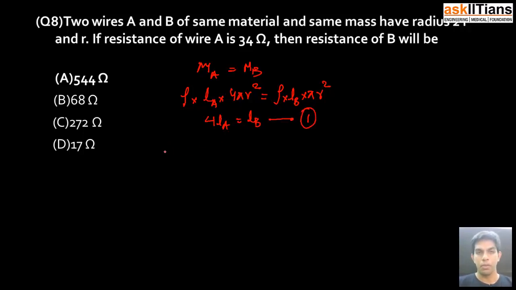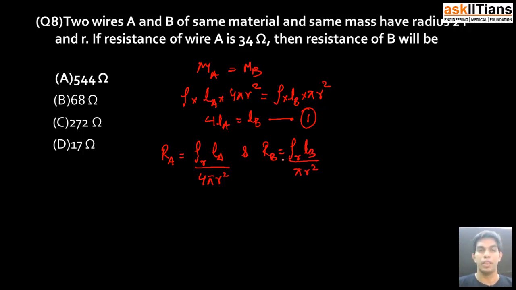Now, the resistance of wire A is given as rho (resistivity) into LA divided by 4 pi r square. Similarly, RB, the resistance of wire B, is given by rho, its resistivity, into LB divided by pi r square.